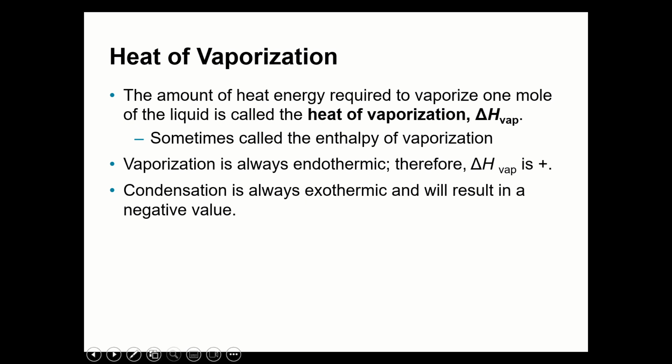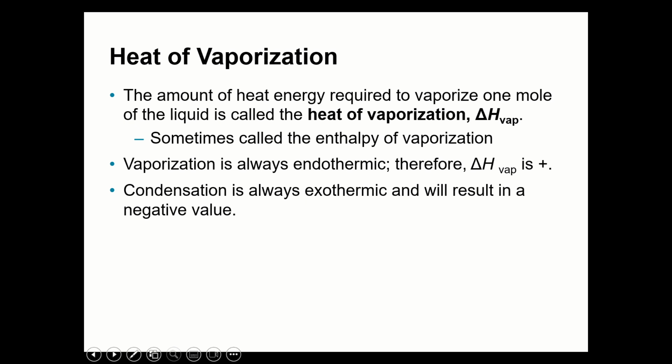So heat of vaporization is going to be the amount of heat energy required to vaporize exactly 1 mole of the liquid. And remember that vaporization is always endothermic, and so our delta H values are going to be positive. If you had a question that was asking you about condensing, just know that condensation is exothermic, and so it may be asking for a negative value.